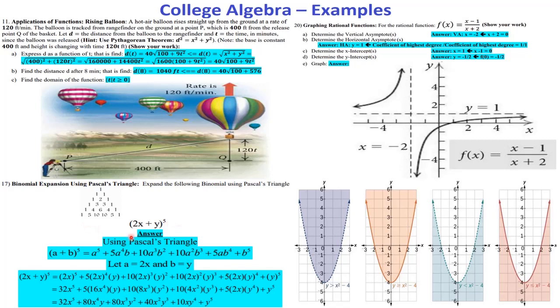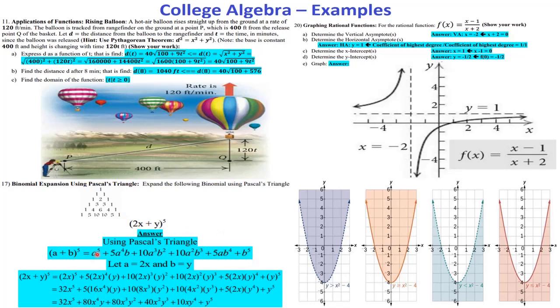For example, to expand (2x plus y) to the 5 using Pascal's triangle, first it is (a plus b) to the 5, which means a to the 5, the coefficient is 1, plus 5 a to the 4 b to the 1, plus 10 a to the third b squared, plus 10 a squared b to the third, plus 5 a b to the 4, plus b to the 5.